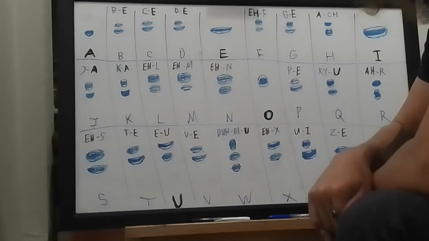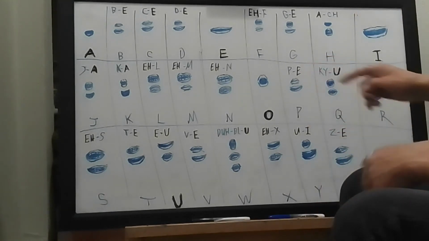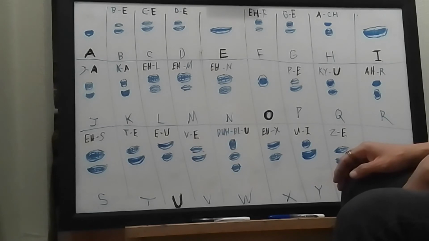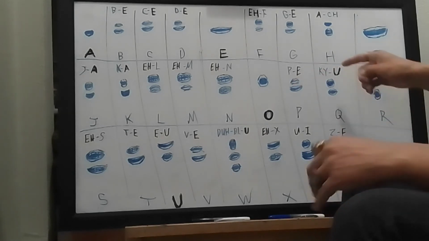So think about how the sound P comes out of your mouth. Pursed, and then E.